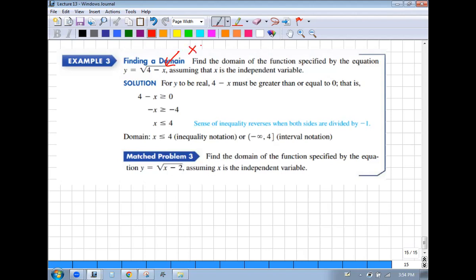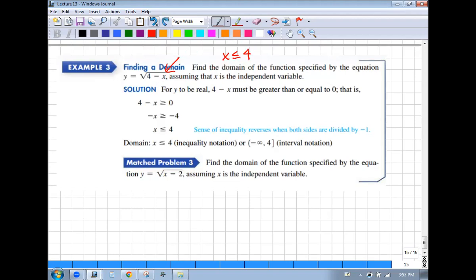So if we're restricting ourselves to that, then x here has to be less than or equal to 4. If I put a 6 in there, that's a problem. I can plug negative numbers in here, 4 minus a negative is a positive number, so as long as x is less than or equal to 4, I'm going to get a number back. So that's the domain, okay?